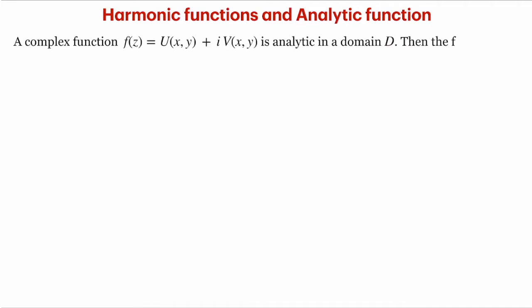If a complex function f(z) = u + i v is analytic in domain D, then the functions u(x,y) and v(x,y) are harmonic in D. So this is the main connection: if we have u(x,y) and v(x,y) of two variables satisfying the Laplace equation, then the complex function u(x,y) + i v(x,y) is analytic in the domain, or the other way around.